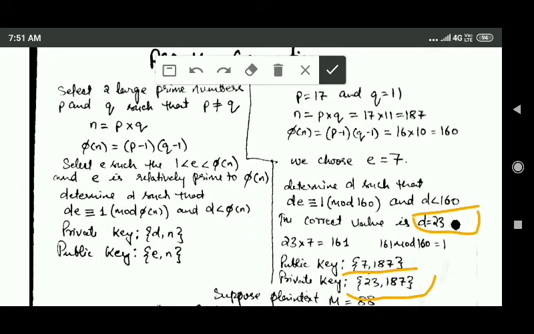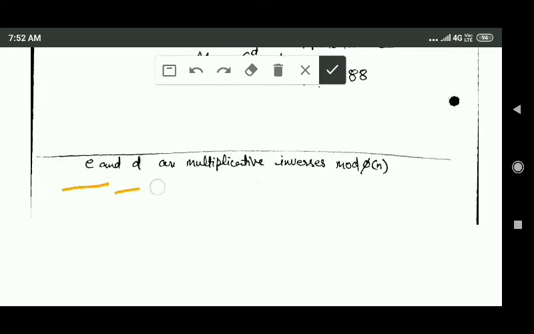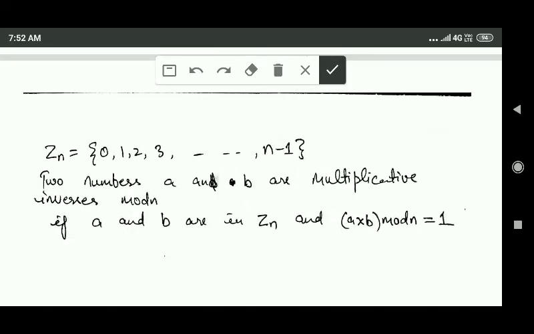Now see here, in this algorithm, e and d are multiplicative inverses mod phi n, right? So what does it mean? Suppose Zn is a set of numbers 0, 1, 2, 3, and so on up to n minus 1.